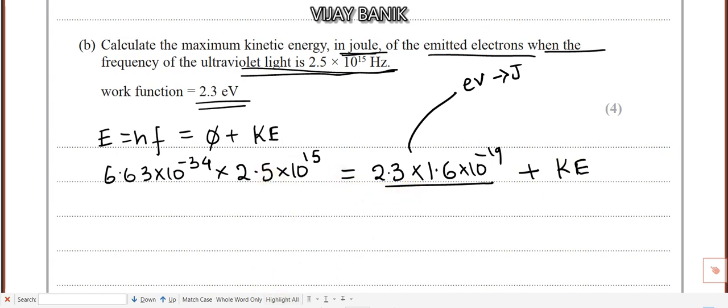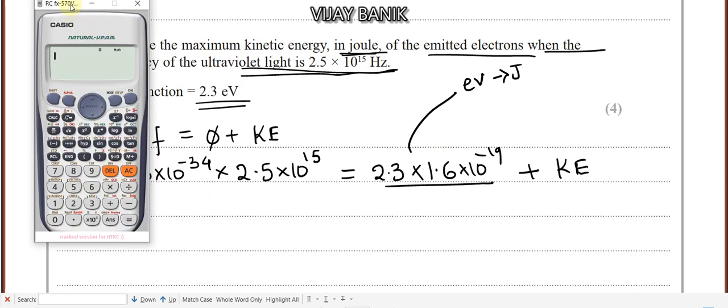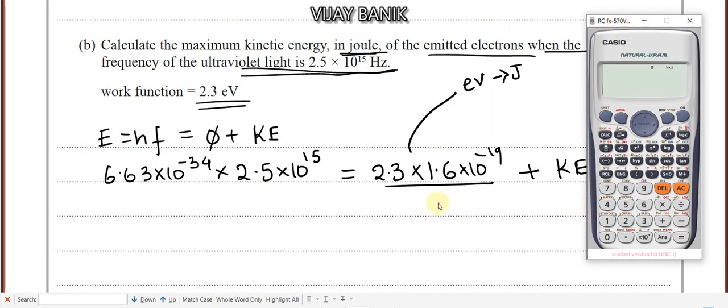Let's do this in the calculator, in the bracket itself. We can subtract it. What is it? 6.63 into 10 raised to minus 34, be very careful, into 2.5 into 10 raised to 15.